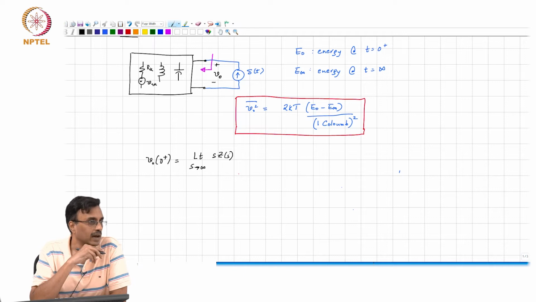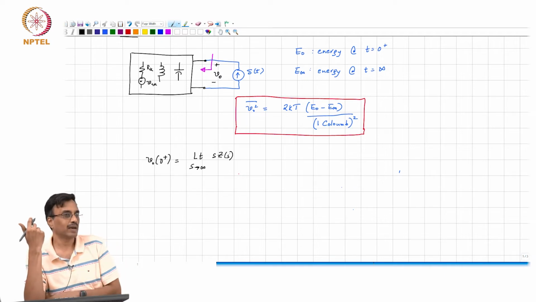And so, what comment can we make about the initial energy delivered to the network? You pumped in a current impulse, correct? What comment can we make about the initial energy that has been delivered into the network? Yes, it is V0 plus times the charge.